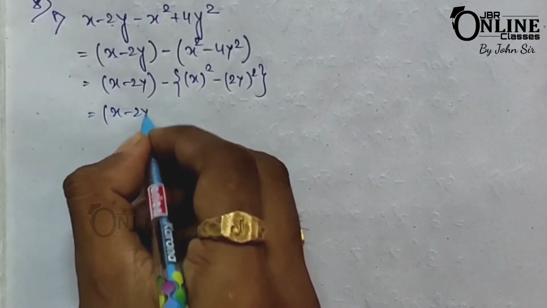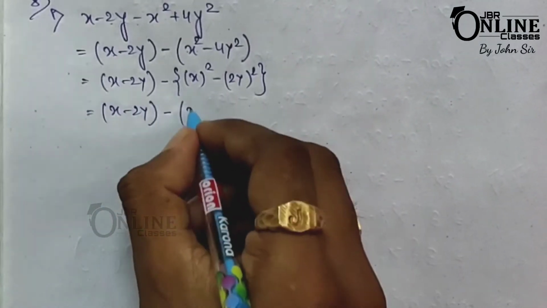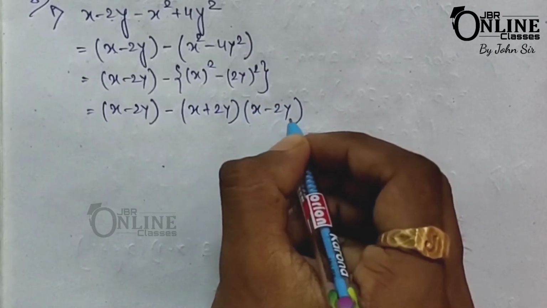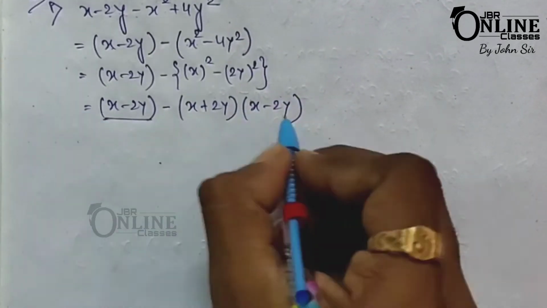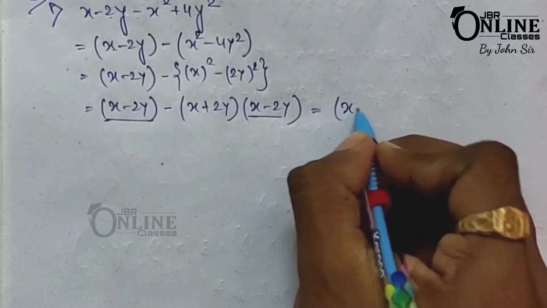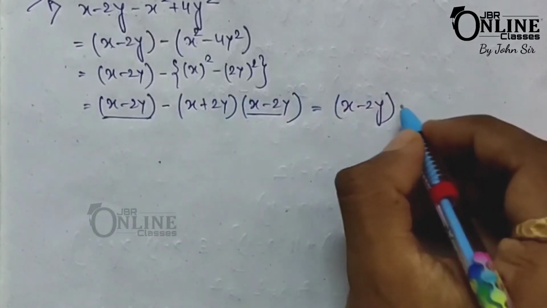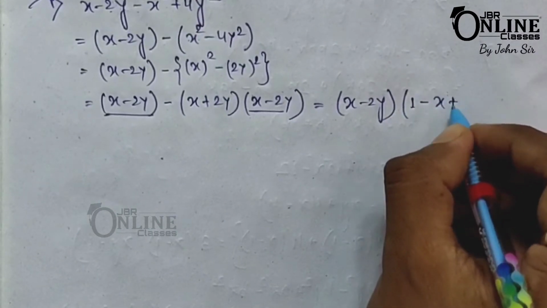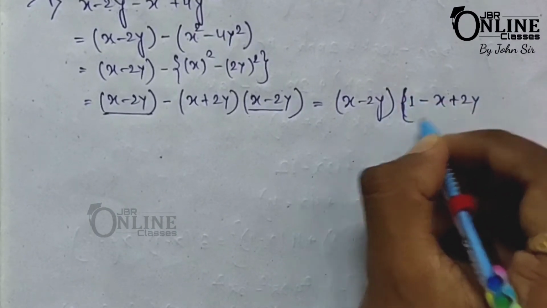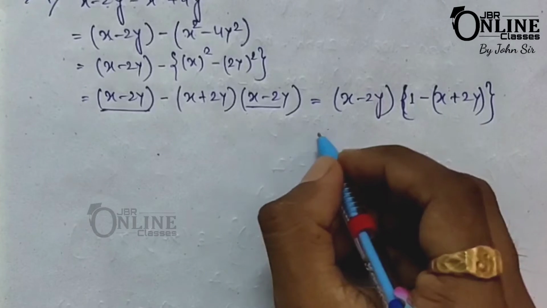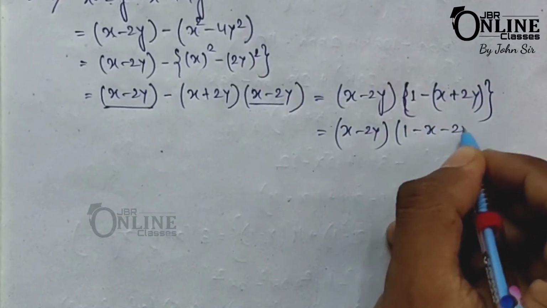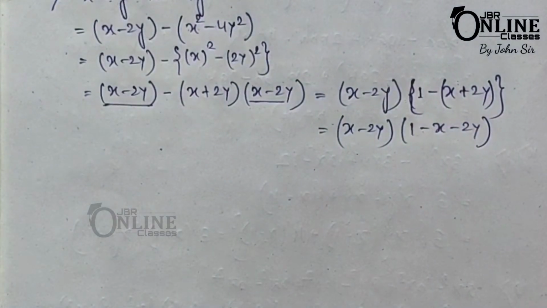So x minus 2y, and here with the a square minus b square formula, it will be (x plus 2y) into (x minus 2y). Now x minus 2y is common, so just write down (x minus 2y). From the first one, 1 will be remaining, then minus and then (x plus 2y). Okay, so finally (x minus 2y) into (1 minus x minus 2y). That is the final answer.